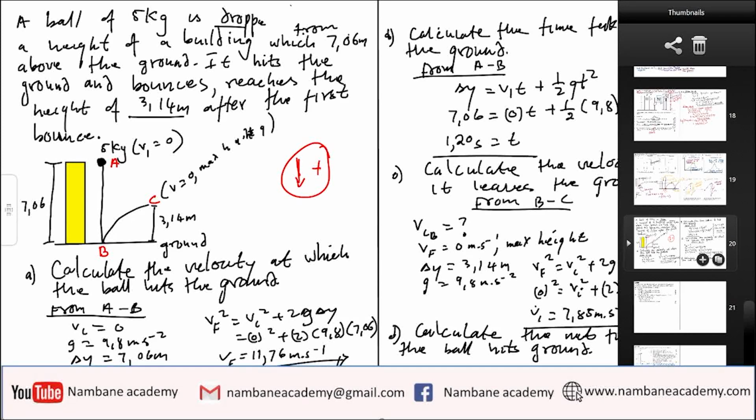Okay. My question was, is it a collision between the ball and the ground? Yes or no? Yes, sir. If it is a collision, then we don't worry about Newton's second law. We worry about impulse, because impulse and conservation of linear momentum are the ones that are assisting us to actually focus now on what?